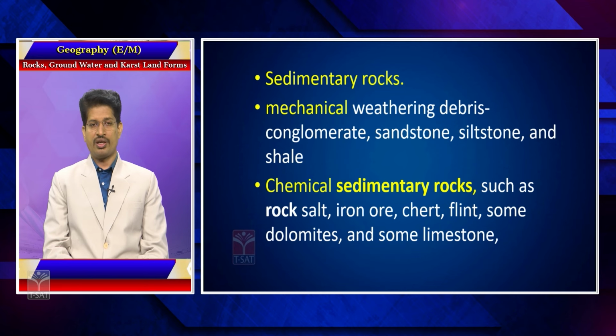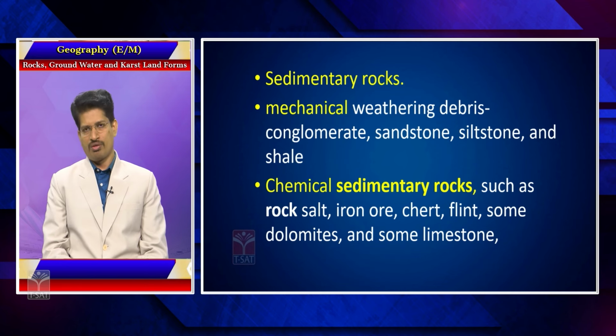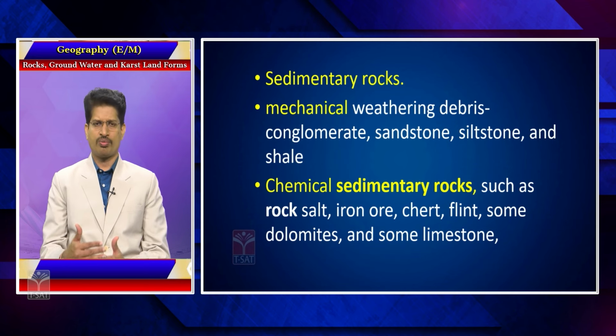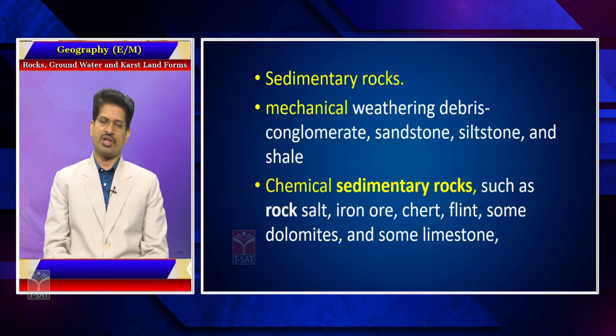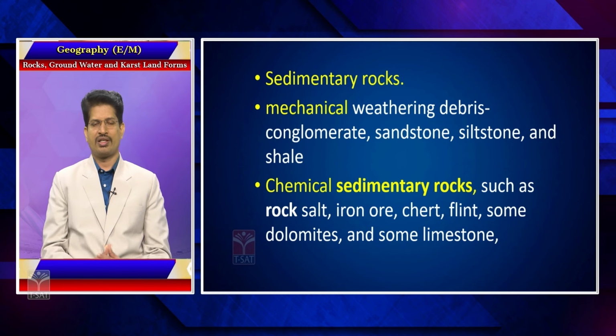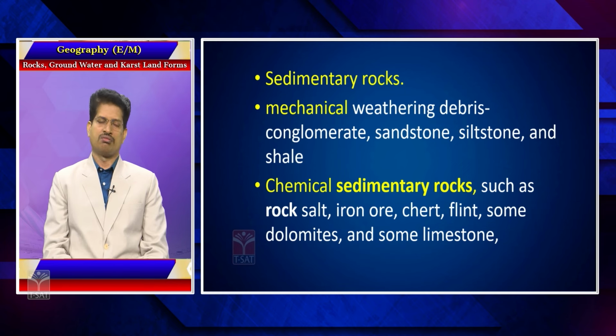Whereas in the case of chemical weathering, there is a change in the chemical process because of the rocks reacting with carbon dioxide, oxygen, etc. In this process, the chemical composition of the sedimentary materials varies. So, iron ore is formed by reacting with oxygen, etc. Flint, dolomite, and some limestones are classic examples of rocks formed because of chemical weathering.